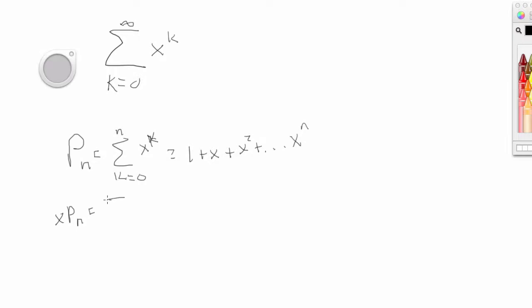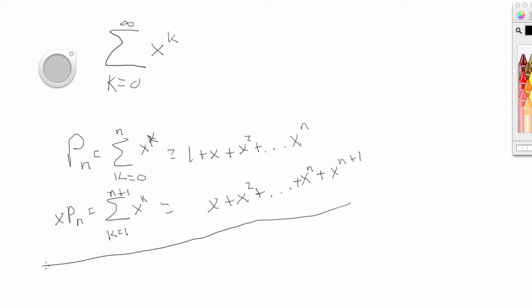We're going to multiply each term by x, so that raises all the powers. So now we have the sum k equals 1 to n plus 1 of x to the k, and that is x plus x squared plus, keep going, and I'll have an x to the n, but then I multiply the previous x to the n by x, and I get x to the n plus 1.